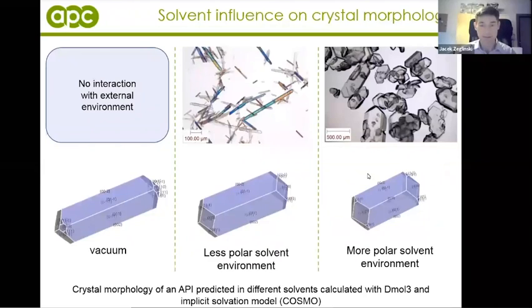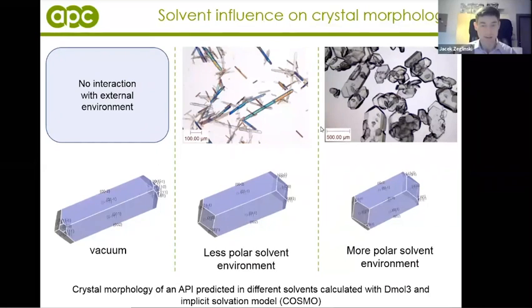Another aspect in morphology prediction is the influence of solvent, which we can study with explicit solvent or implicit solvent. I think explicit is much more difficult, but in this case we made predictions with implicit solvation models, so we considered different solvent environments, and then we benchmarked them against experimental results.